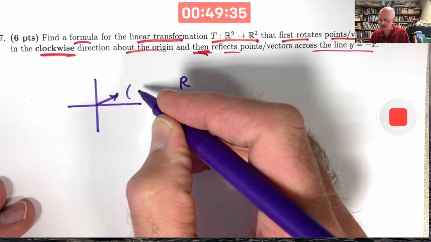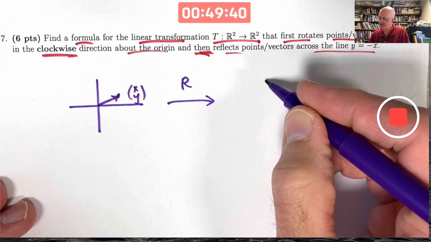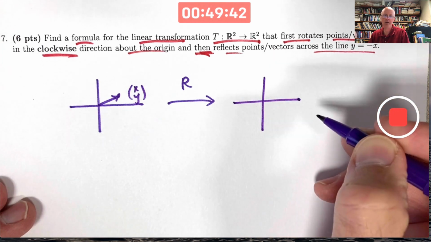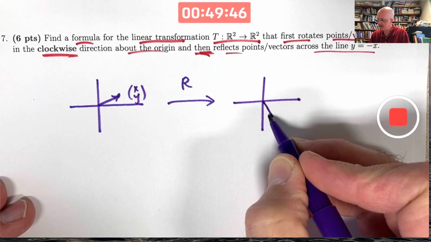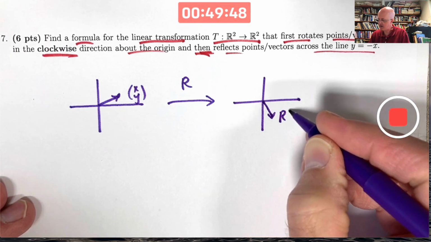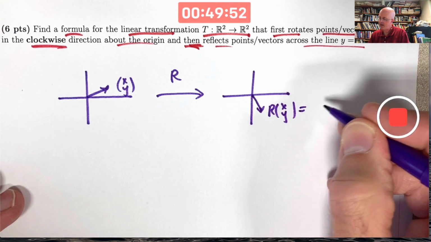Let me go ahead and write it as a column vector, x y. And if I'm rotating it 90 degrees about the origin, for this particular vector that I drew, it's going to look about like this. That's going to be R of x y, written as a column vector.